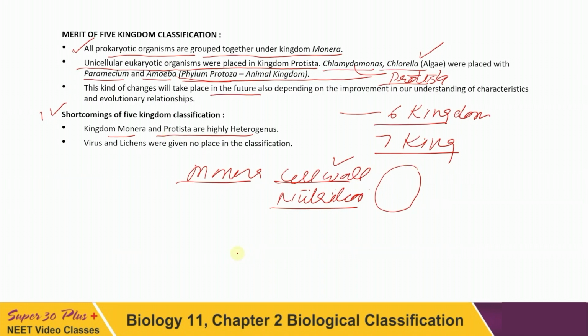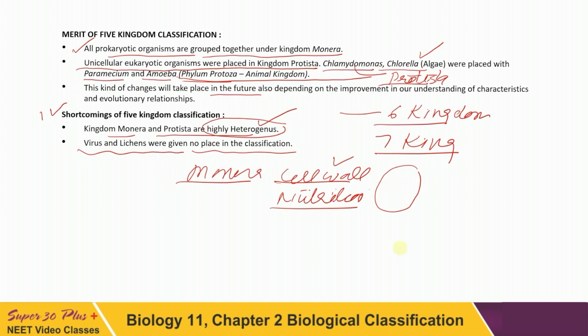Different modes of nutrition are there in Protista, and different types of cell wall may be present or absent. Kingdoms Protista and Monera are highly objectionable. These kingdoms are heterogeneous. And viruses and lichens have been placed nowhere. There is no place in the classification for viruses and lichens.